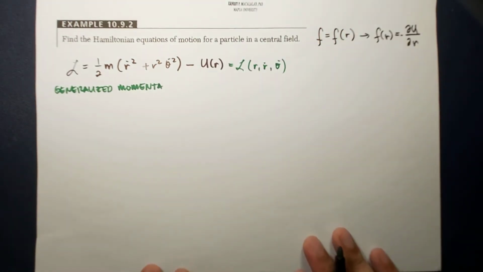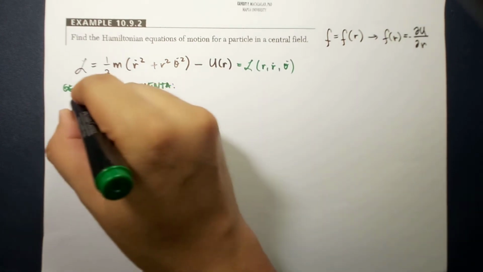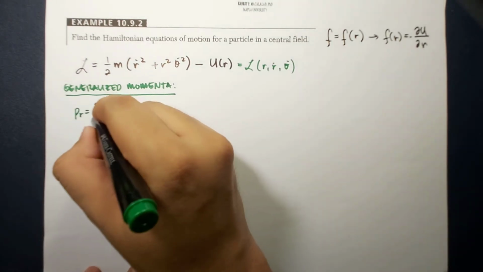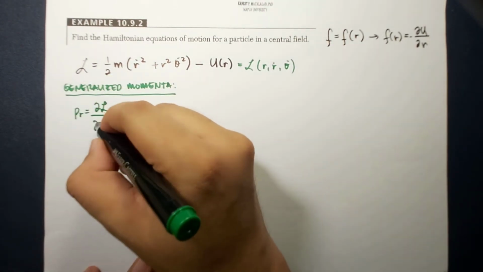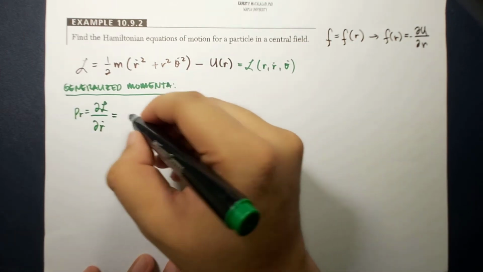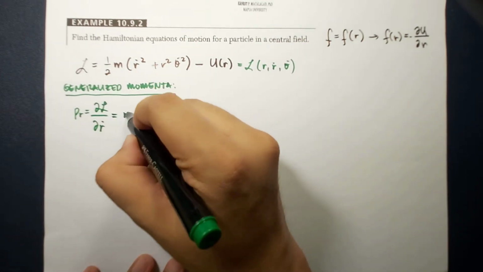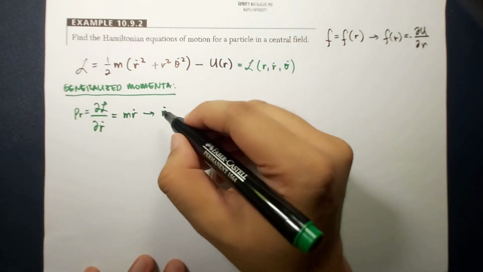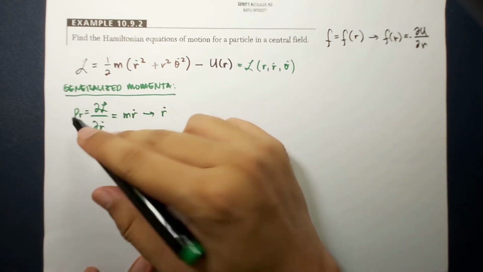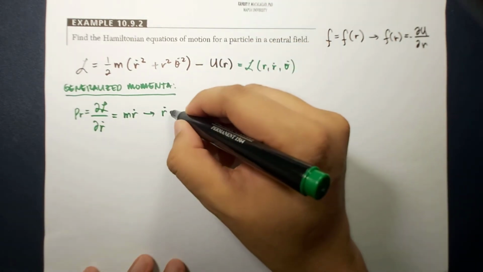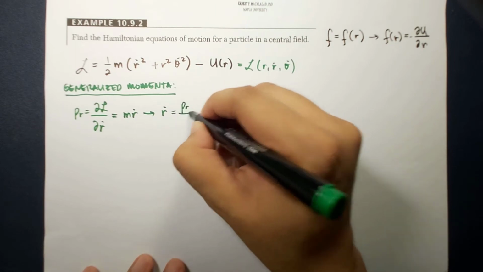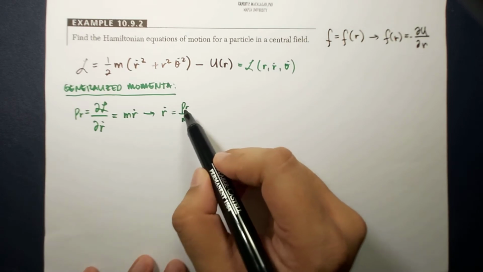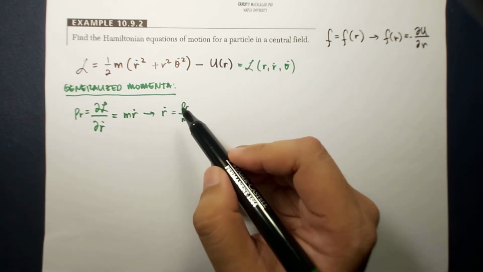So the generalized momenta will be in terms of r, so that is p r, and that is equal to the partial derivative of L with respect to r dot, and this is equal to m r dot. So this tells us the linear momentum p r along the r direction will be m r dot. So therefore r dot will be equal to p r over m. So this is your p r, the linear momentum in the radial direction.